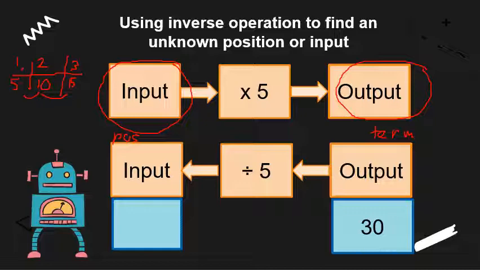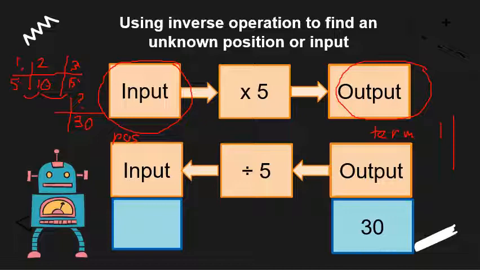Today, we might have the output, and we might have knowledge of the rule. So we might have a situation where we've got 1 and 5, 2 and 10, 3 and 15. But now we've got an output of 30, but we don't know what position it is. So what's the position here for this particular term in the pattern? Now, instead of applying the rule where we multiply by 5, because that's not going to work, because for this rule to work, we need to multiply the position by 5.